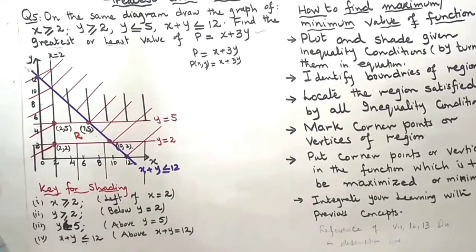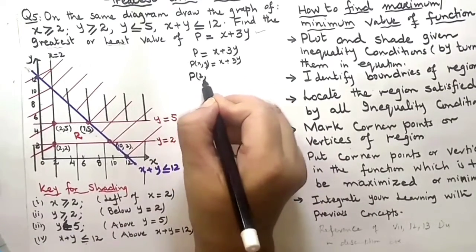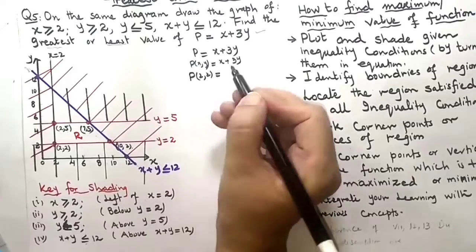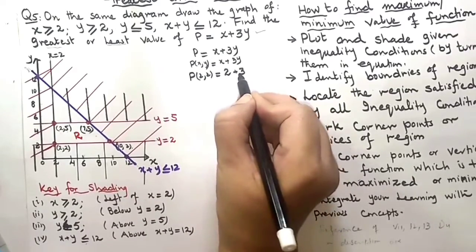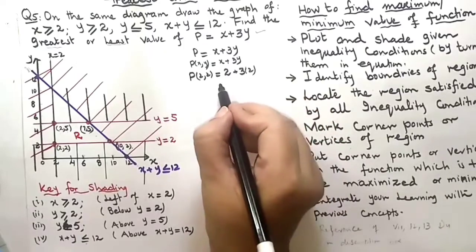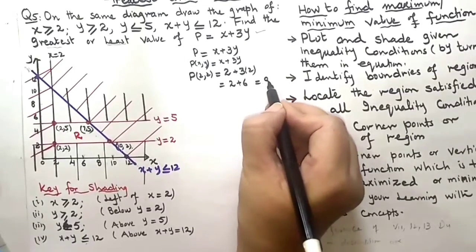Suppose I'm taking the first corner point, that is 2 with 2. I'll replace x by 2 plus 3 into 2, and this will give me 2 plus 6, which is 8.